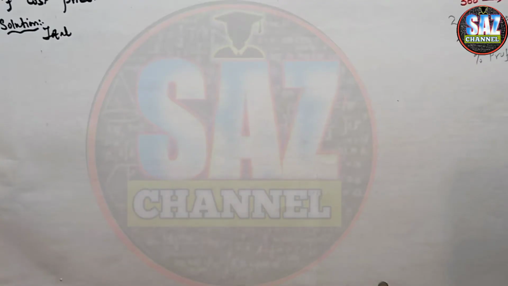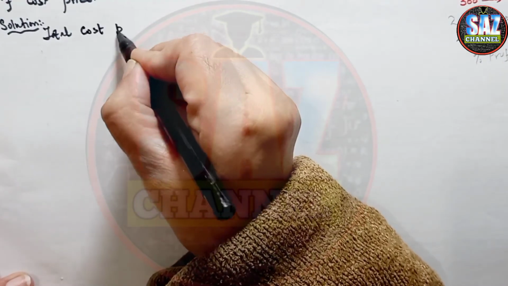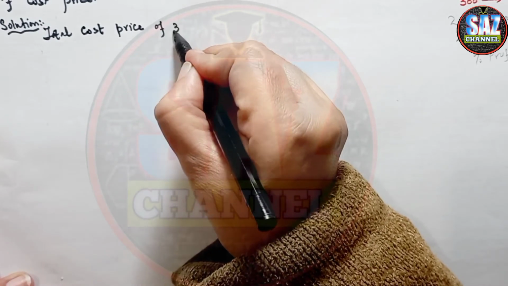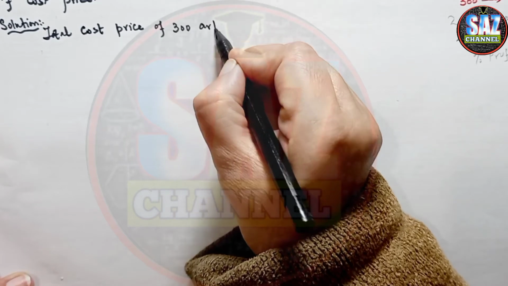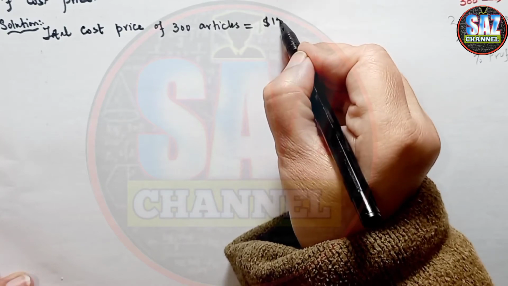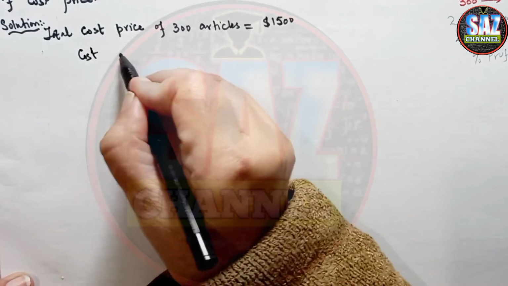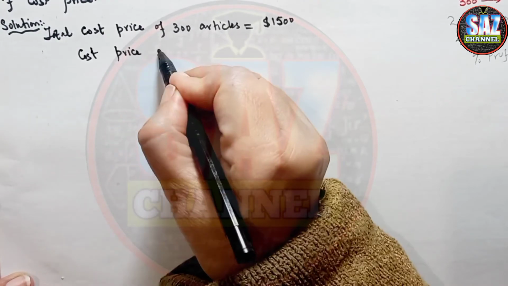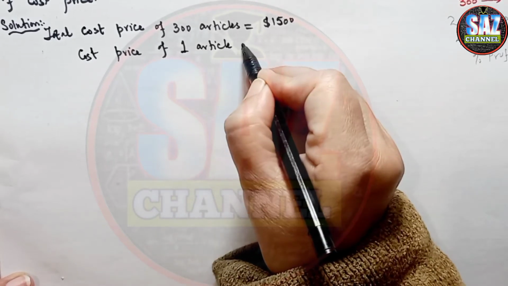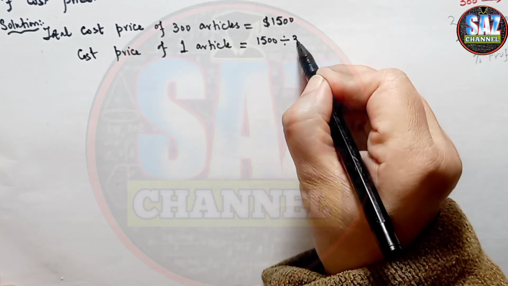So the total cost price of 300 articles is $1500, so the cost price of one article, you should have command on the unitary method as well, is 1500 divided by 300.